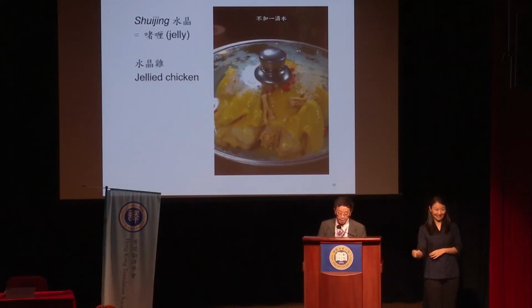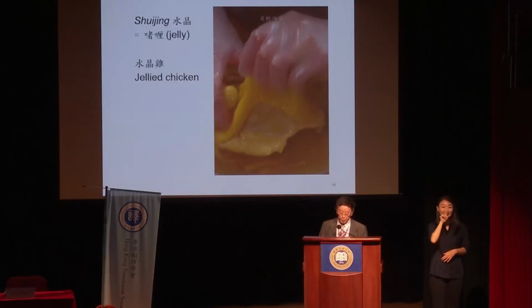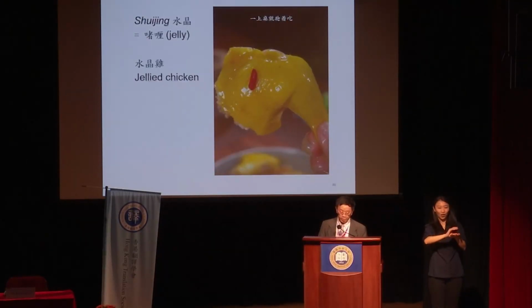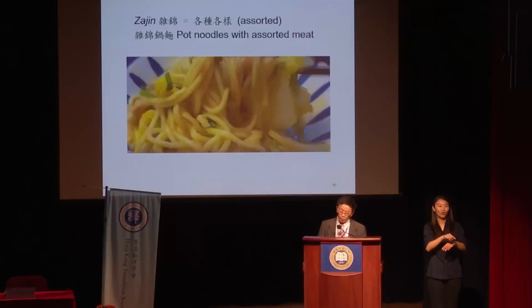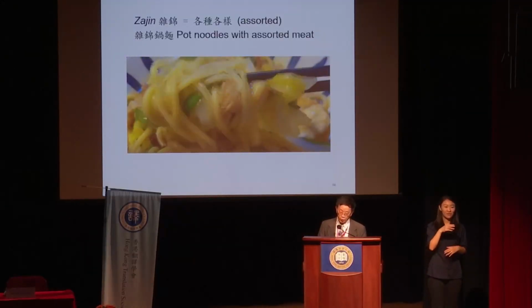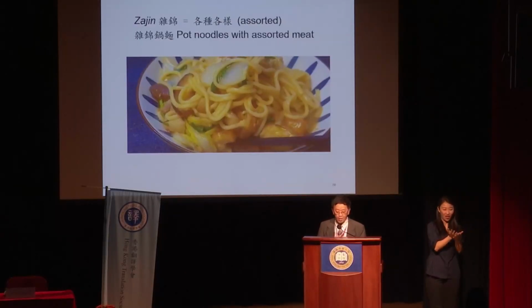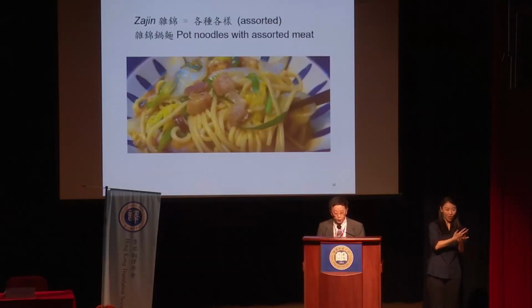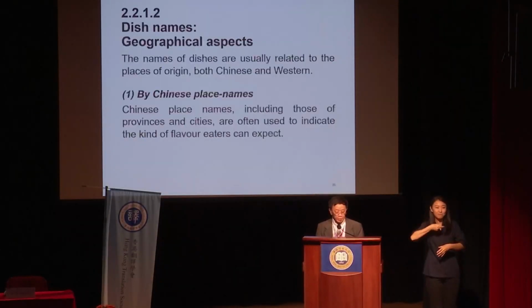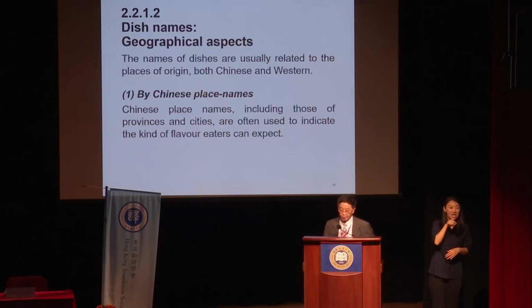So 水晶鸡 is actually jellied chicken, all right? And we often have what we call 炸锦, which is actually assorted. So when it's 炸锦窝面, it's actually pot noodles with assorted meat. So that is a way we translate what we call cultural aspect of dish names.